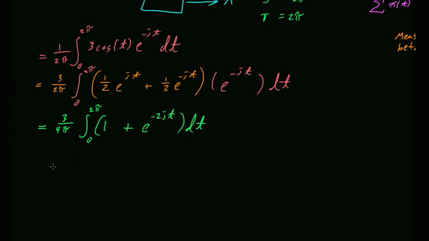What's the integral of that mess? 1 over negative 2j times, yep. So 1 over minus 2j e to the minus 2jt on the limits from 0 to 2 pi. And we've still got our coefficient out front.